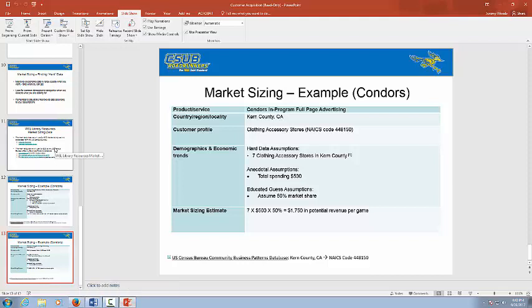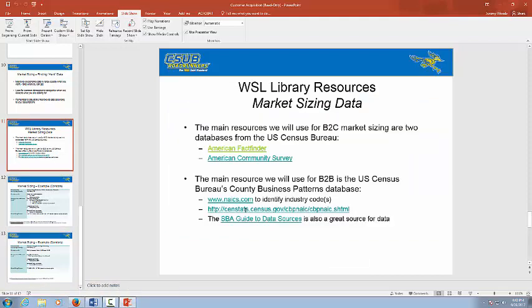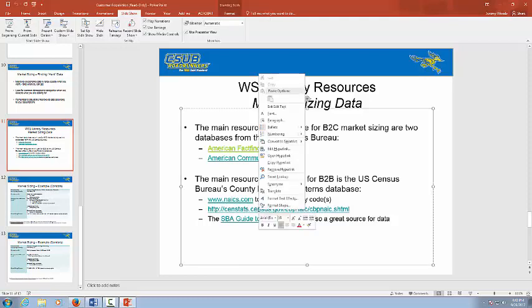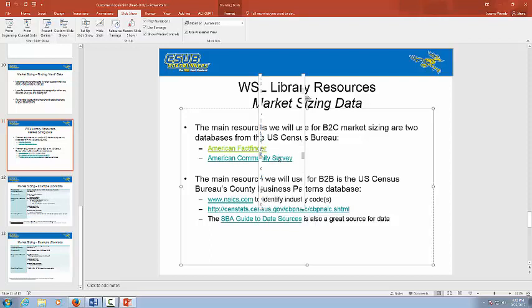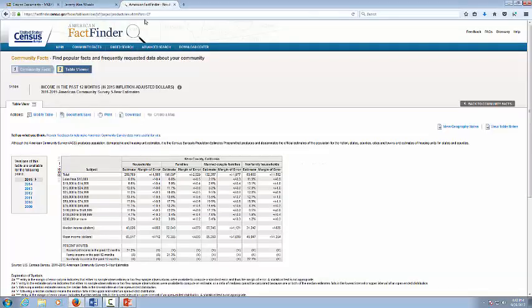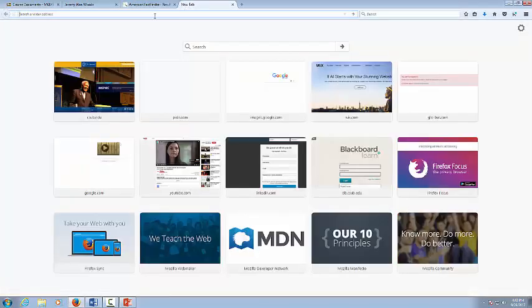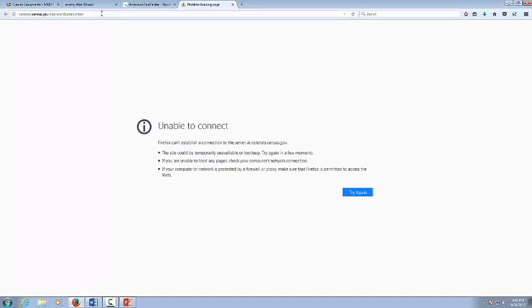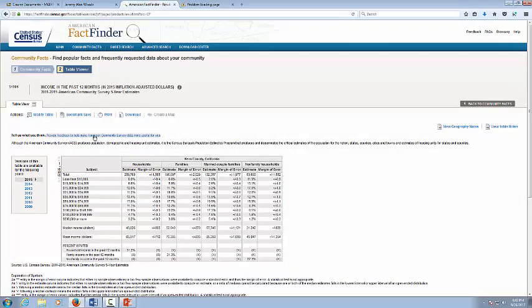So once again, we go back to the sample data sources and open up the County Business Patterns database. Nope, that's not going to connect right now.